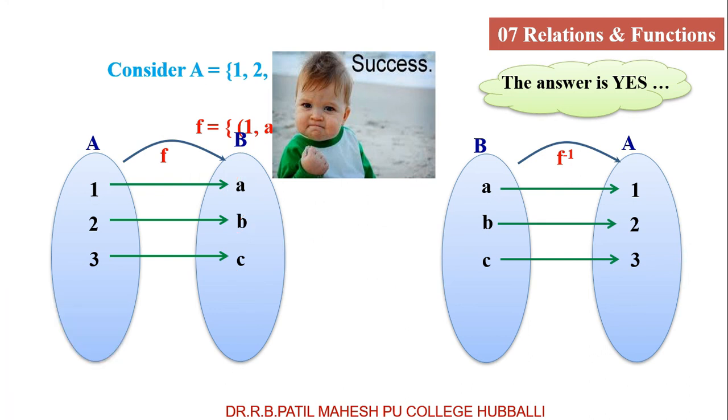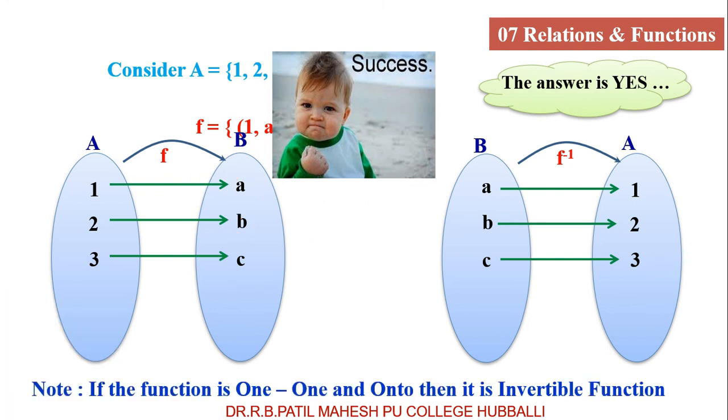So note here, if the function is 1-1 and onto, then it is an invertible function. This is another way of saying the function is invertible. So f composition g, g composition f equal to the identity function, or the function is 1-1 and onto, then it is invertible. Both are definitions of an invertible function.